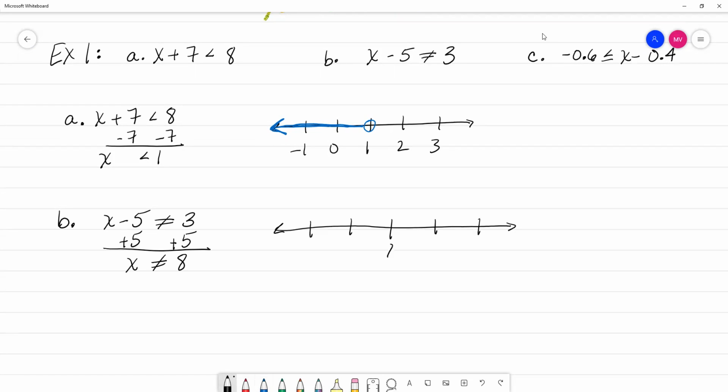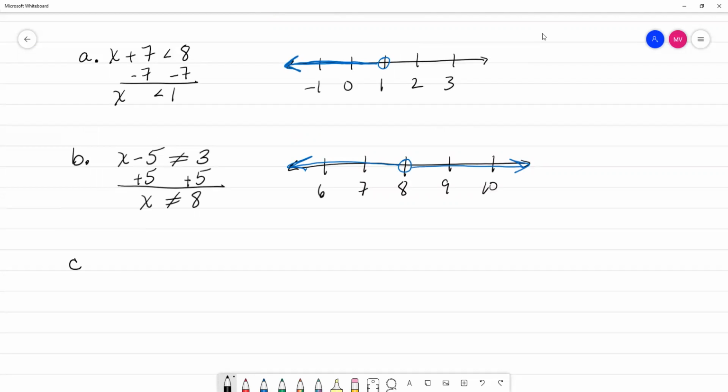So put 8 in the middle, 7, 6, 9, 10. All right, what kind of circle do I put at 8? Open circle at 8. And which direction does my line go in? Both, right? It can be less than 8 and it can be greater than 8 as long as it's not 8, right?